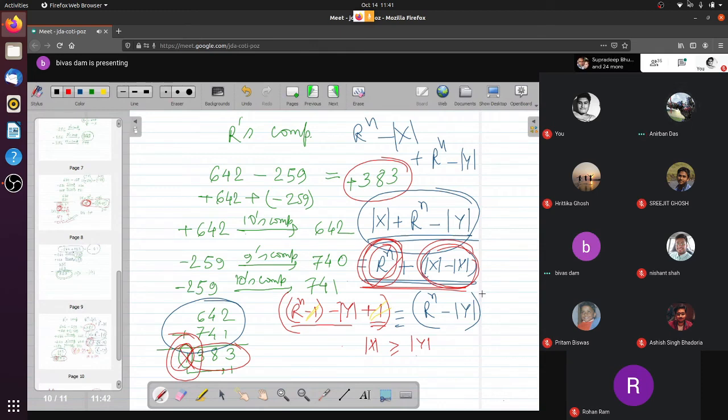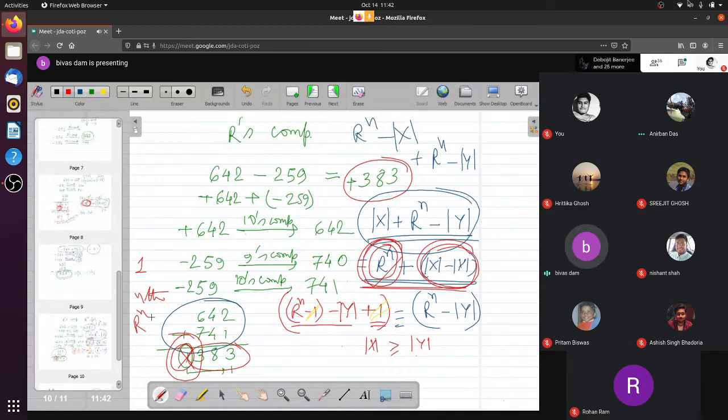So in case the sum is less than R to the power n, I cannot get a 1 in the nth position, because in case I get a 1 in the nth position in the sum, that will be equivalent to the R to the power n value.